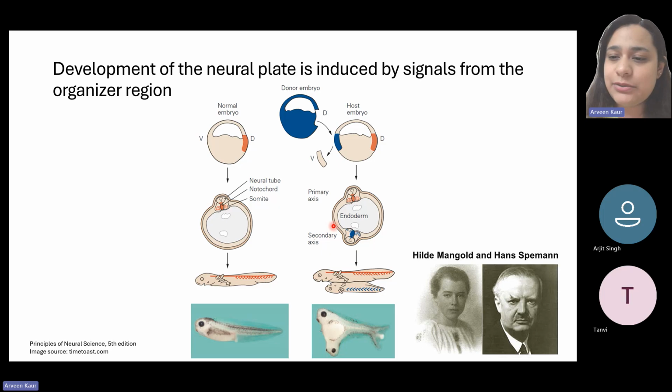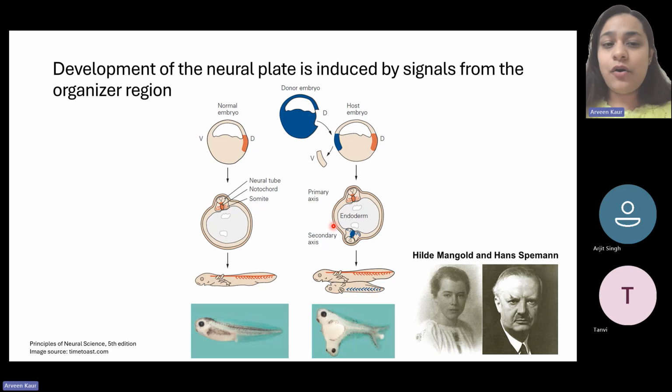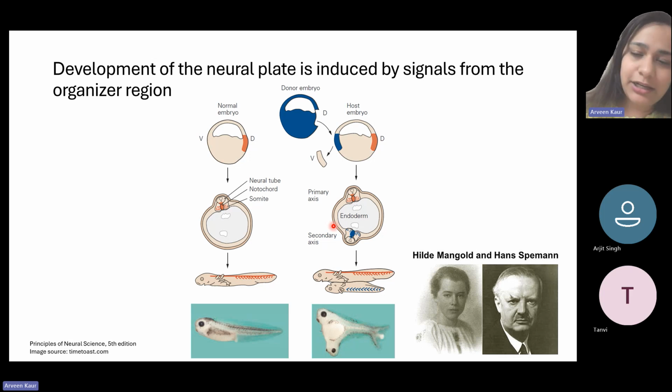So this was inducing the surrounding region to form a neural tube. That is why it was known as the organizer region, because it is organizing the cells nearby to develop into a neural fate, right?